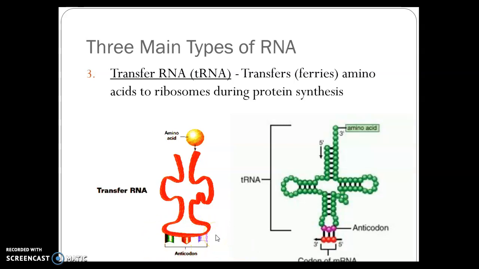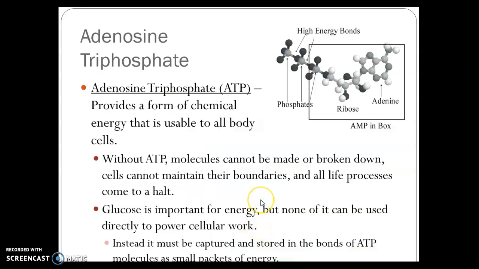On the mRNA, you're going to have a codon, which will match this or be a complement to that, and that's how the tRNA knows which amino acid to bring. And that's signaling that's going on. So again, this is a really intelligent design that's happening inside our body all the time.